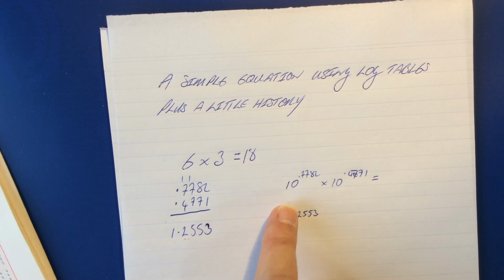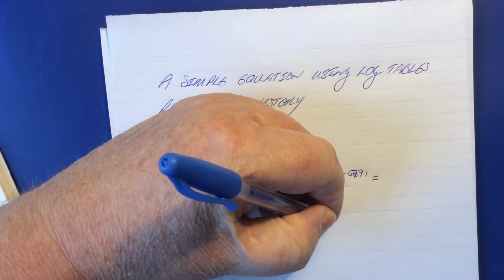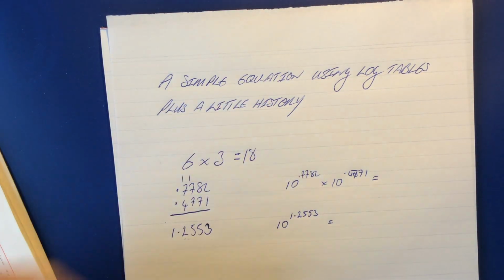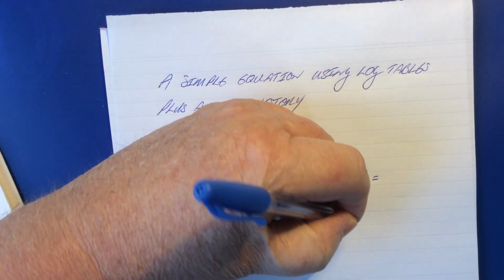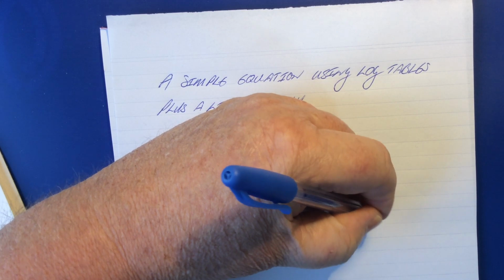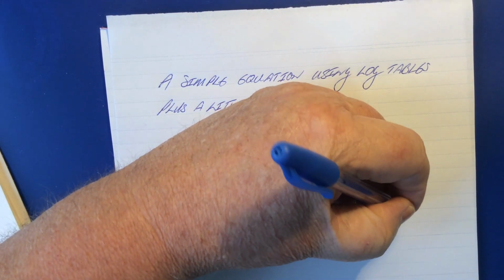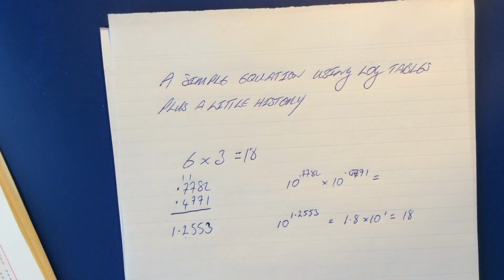That's what we got in the tables, but that's what we got when we did the addition. So this moves it up one order. And what that is, it is 1.8 times 10 to the power of 1, which is 18. As it turns out, there wasn't really a rounding error.